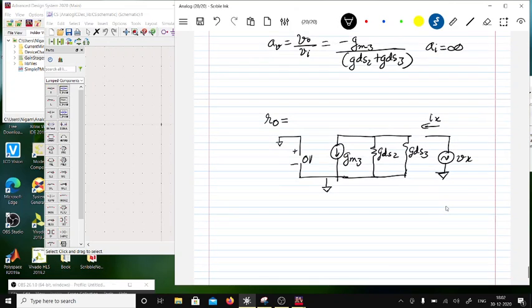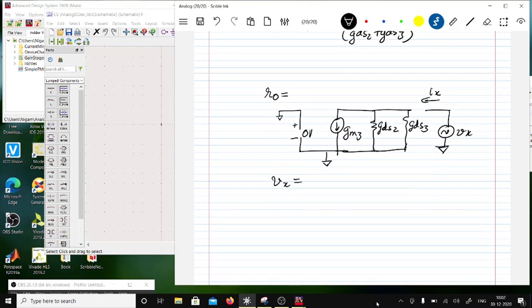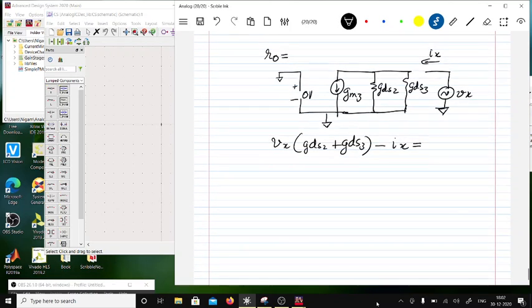So if I was to write the Kirchhoff's current equation, Vx multiplied by GDS2 plus GDS3, okay, the current flowing out is positive and current flowing in is negative, minus Ix is equal to 0.